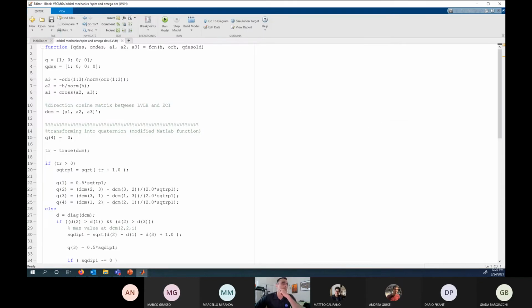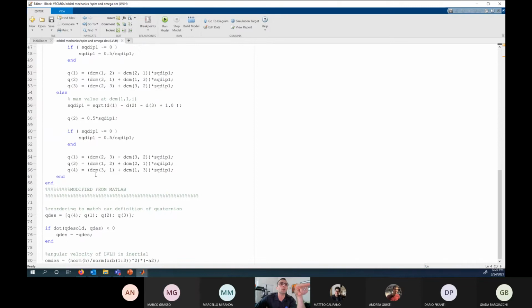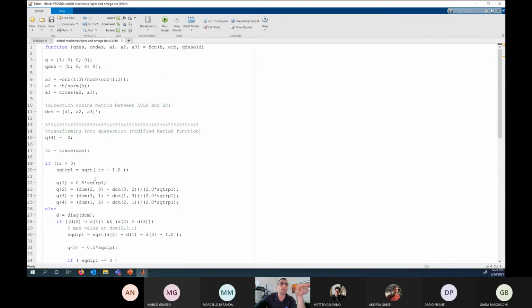So what's happening in here? I initialize the quaternion to be 1000. Notice here that the 1 is actually in the first component because I think this function that follows is doing that.